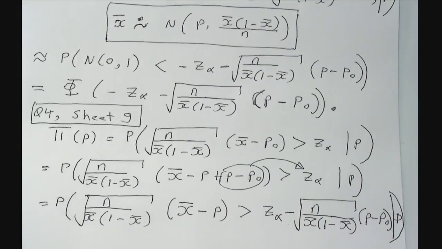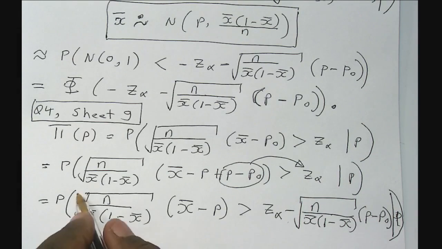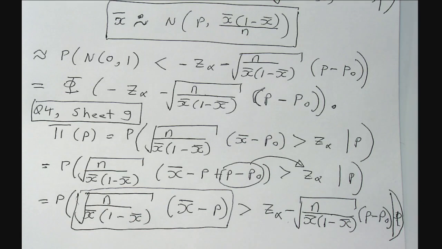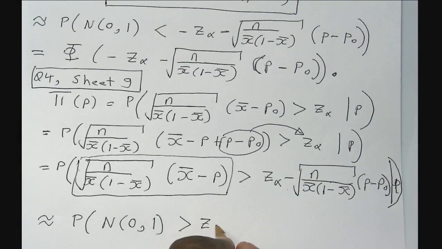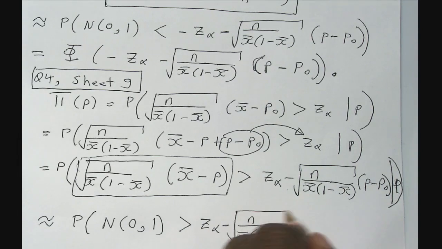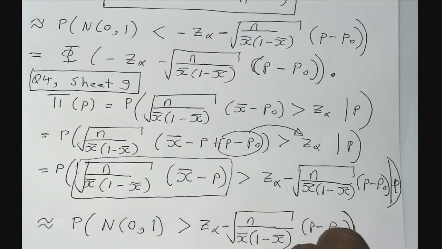Right, and condition on the true value of p. This, as I said before, will have an approximate standard normal distribution. So the next step is an approximation. Once again, the conditioning has disappeared.